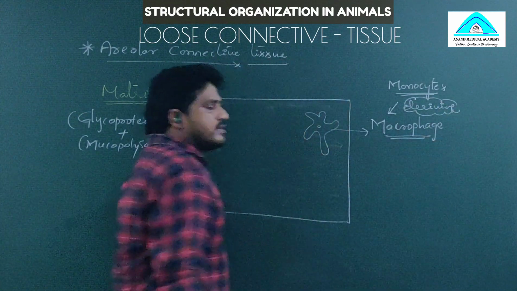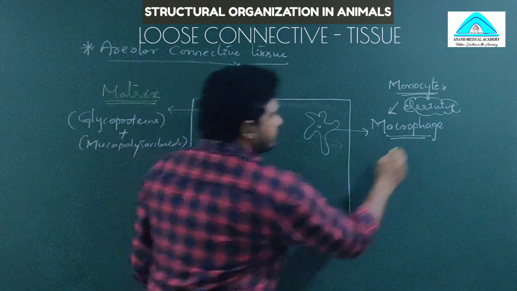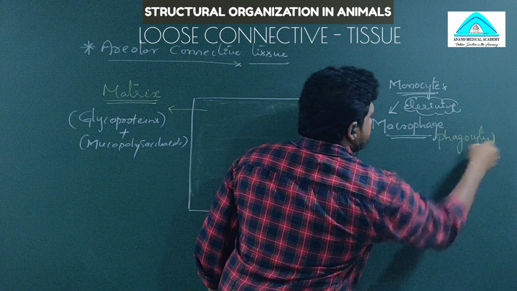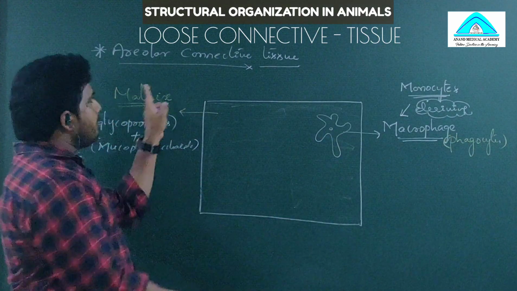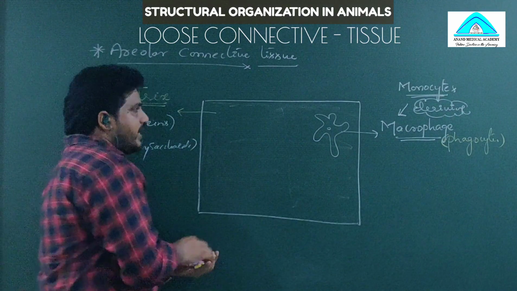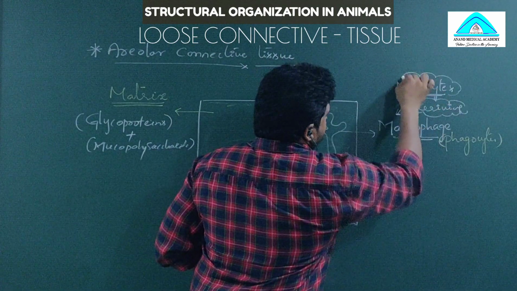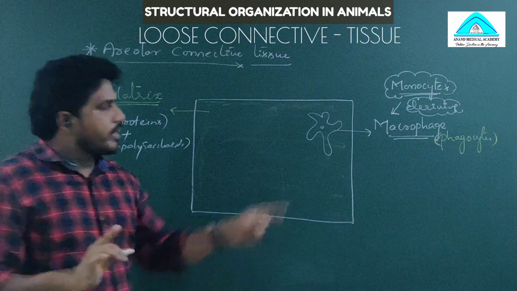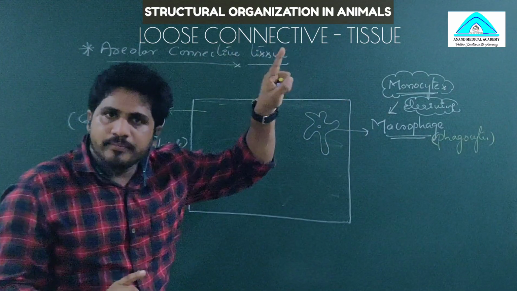What are macrophages? Phagocytic cells. Macrophages are phagocytes. Macrophage cells in the areolar connective tissue are derived from monocytes. But don't think monocytes are present in areolar connective tissue. Monocytes are present in blood.